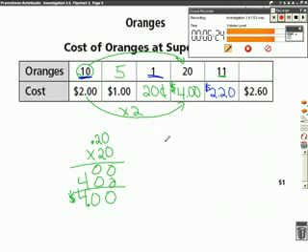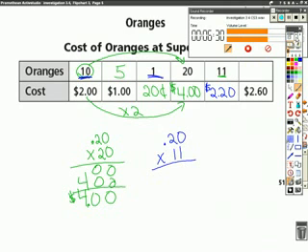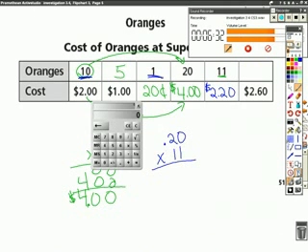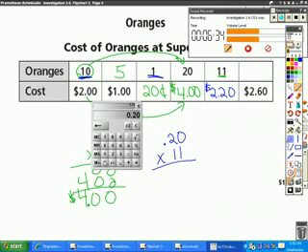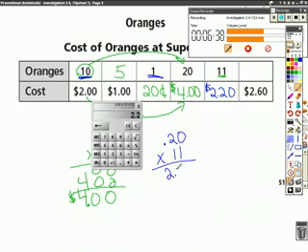Or I could just take 0.20 times 11. And I'm actually going to pull out the calculator for this one, just because I like pulling it out. It's 2.2. So $2.20.